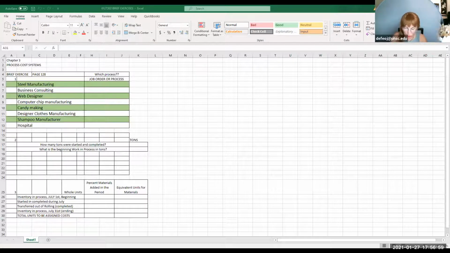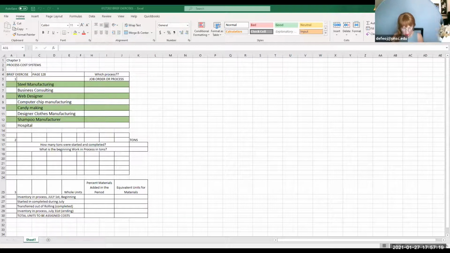Now, if you did these reports day in and day out, you would become very proficient. But the first one you do is going to be difficult because there are a lot of steps involved. So on page 128, there's a problem called equivalent units of material cost.